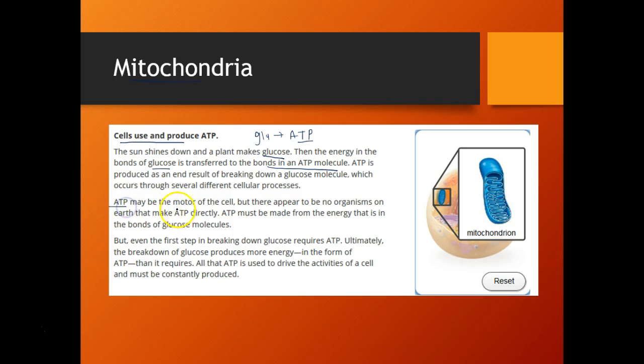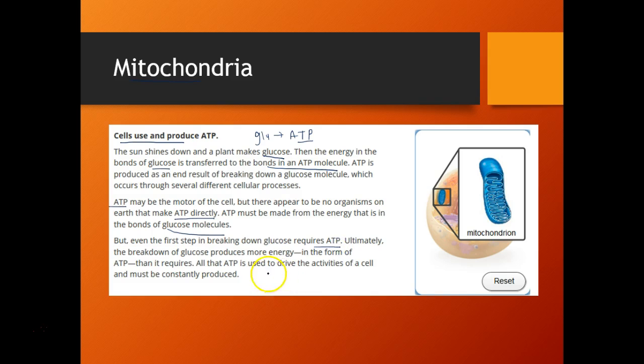So ATP may be the motor of the cell, where it provides a lot of the energy, but there appear to be no organisms on Earth that make ATP directly. ATP has to be made from the energy that was originally in glucose molecules. You can't make ATP directly. But even the first step in breaking down glucose requires ATP.